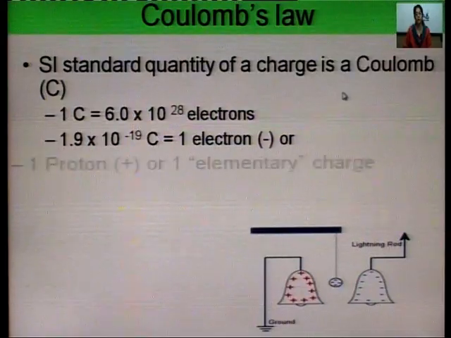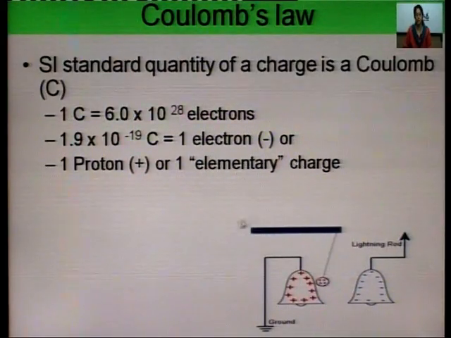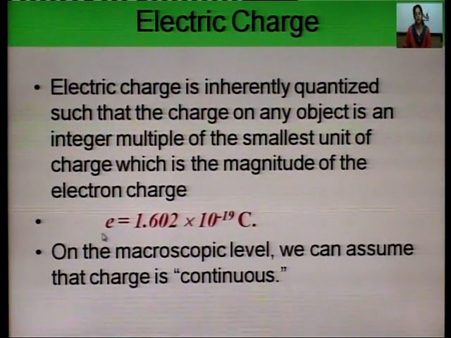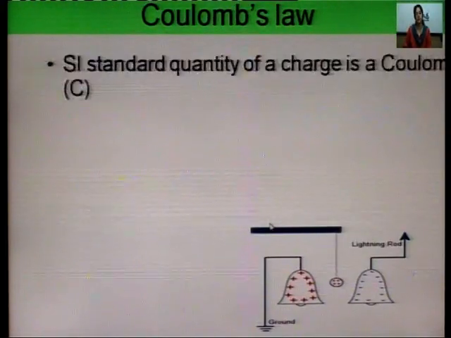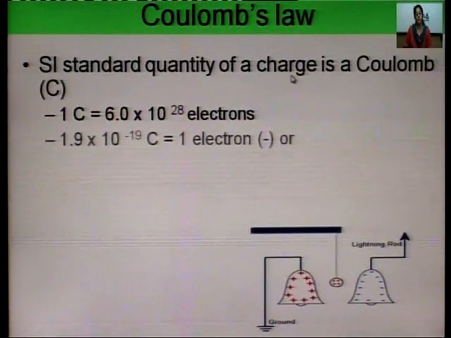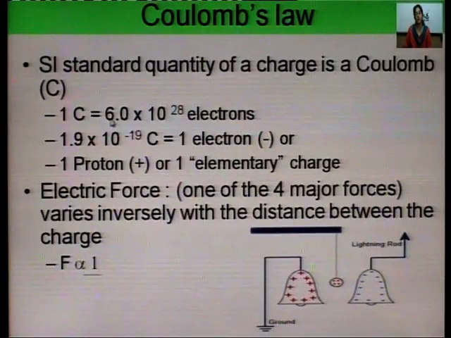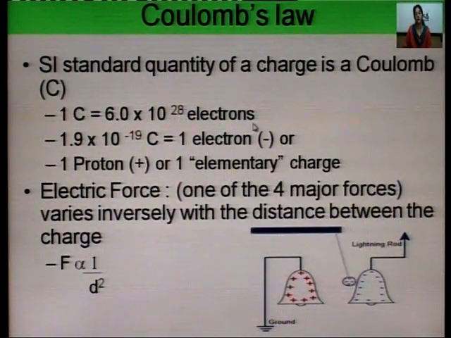Now the SI unit of charge is Coulomb. In the previous slide we saw that the charge on an electron is 1.602 into 10 raised to the minus 19 Coulomb. Now this Coulomb is the unit of electric charge in the SI system. And 1 Coulomb is equal to the charge on 6 into 10 raised to the power 28 electrons.